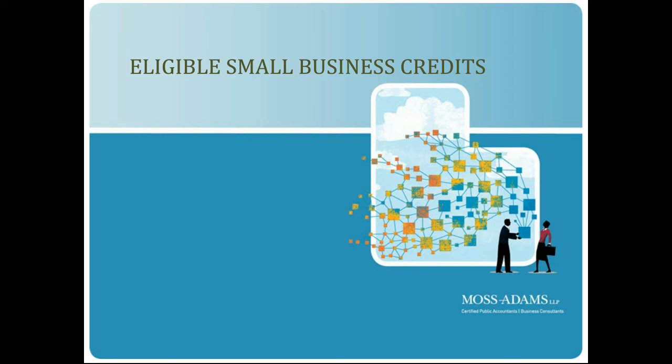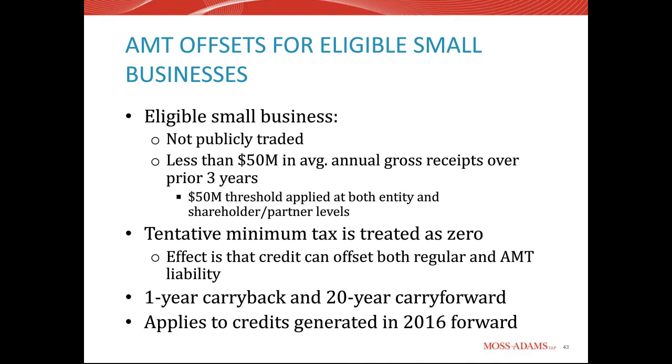As part of the Act, AMT offsets for eligible small businesses were put into place. One of the major limitations on the amount of credit that companies can benefit from is alternative minimum tax. The regular credit can only be used against regular tax liability and not alternative minimum tax liability.